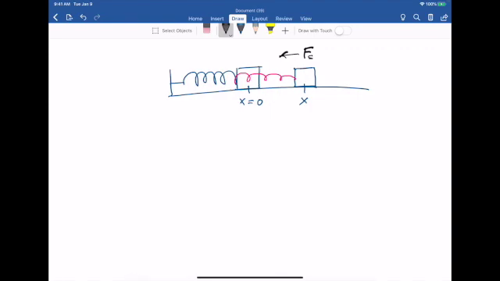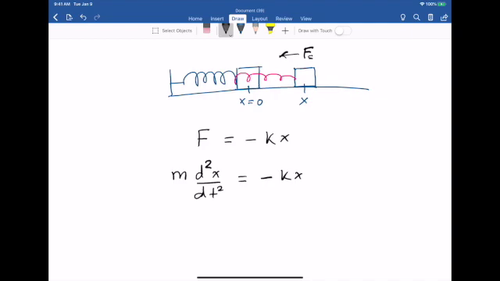We know that the force on the mass is equal to minus kx from Hooke's law, and we know that force is equal to mass times acceleration. Now, instead of writing the acceleration as a, I'm going to write it as d2x dt squared. You know that that is the definition of acceleration. We learned this back in chapter 2, and that is equal to minus k times x.